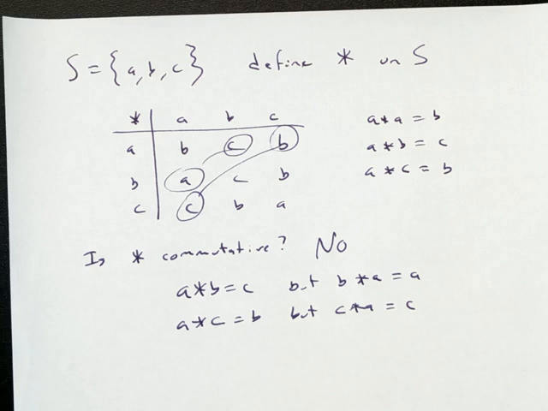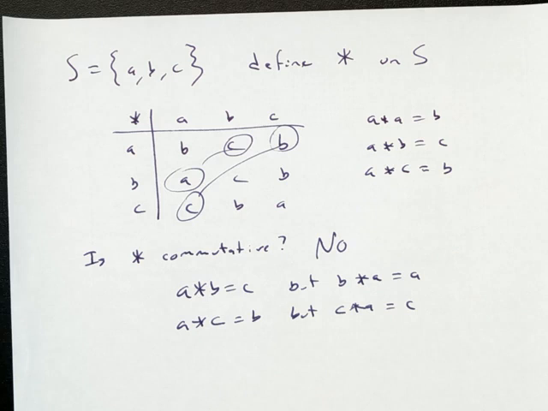I would have to do A star A star A, and I have to do parentheses both ways and see if I get the same result both times. I sure hope I do. I do A star B, A star A, then with B, A star B, then with A. Do I get the same thing? I don't know.